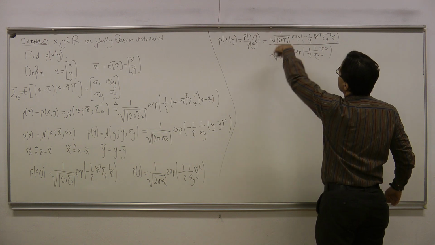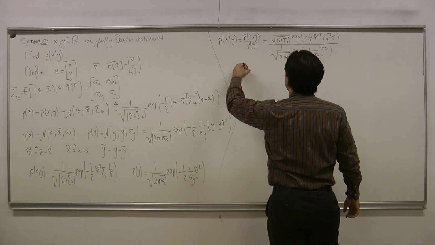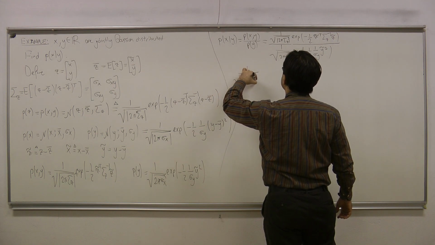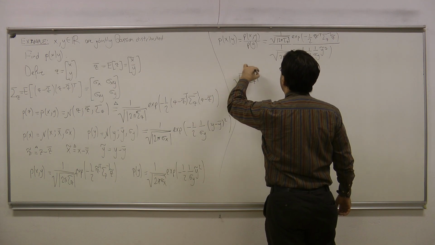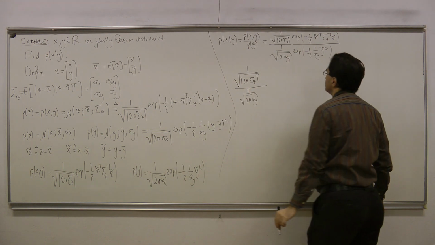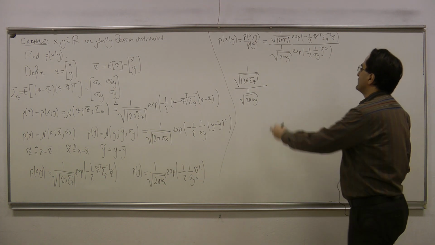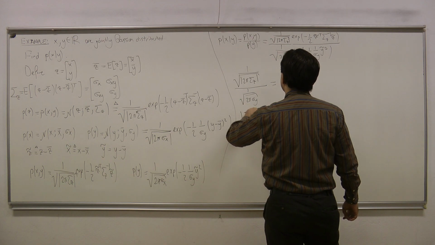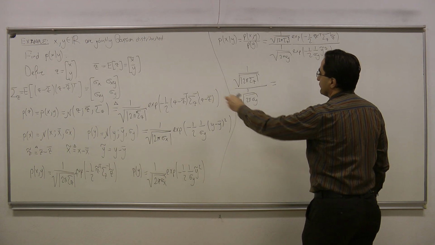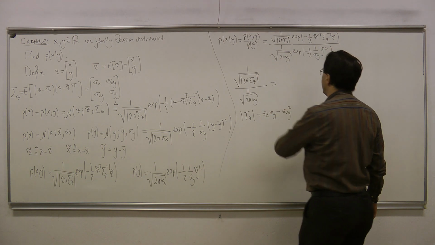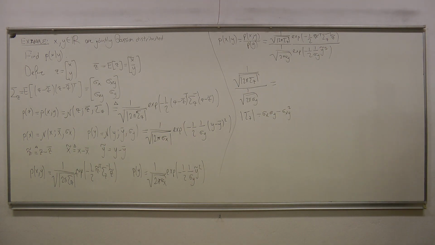So I need to calculate this ratio: 1 over square root determinant of 2 pi sigma z divided by 1 over square root 2 pi sigma y. Okay? Now let us calculate this determinant. Determinant of sigma z is nothing but the determinant of that matrix, sigma x sigma y minus sigma xy squared. Okay?